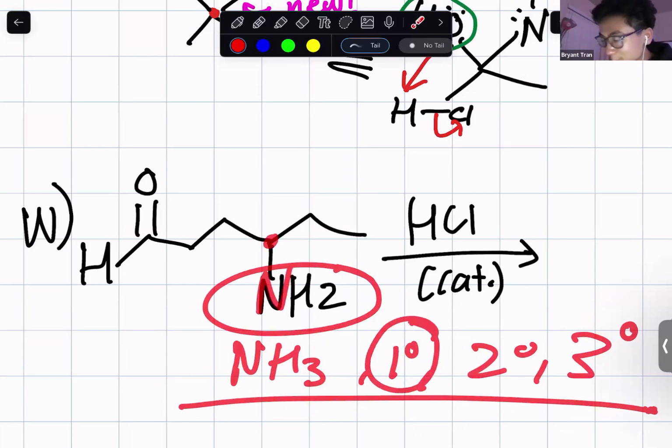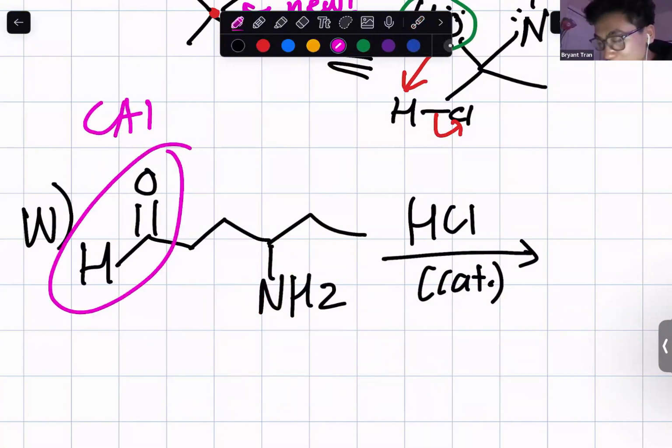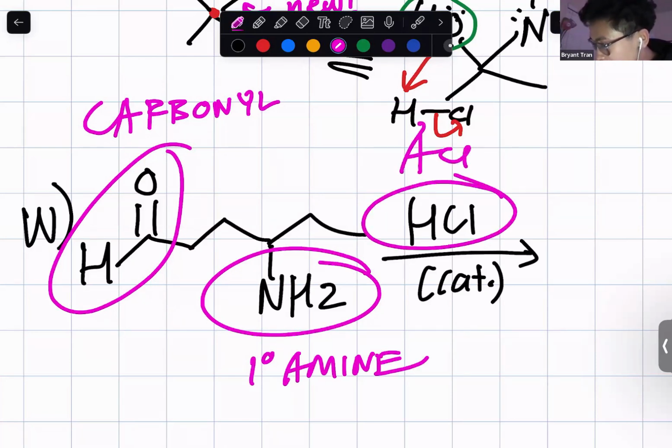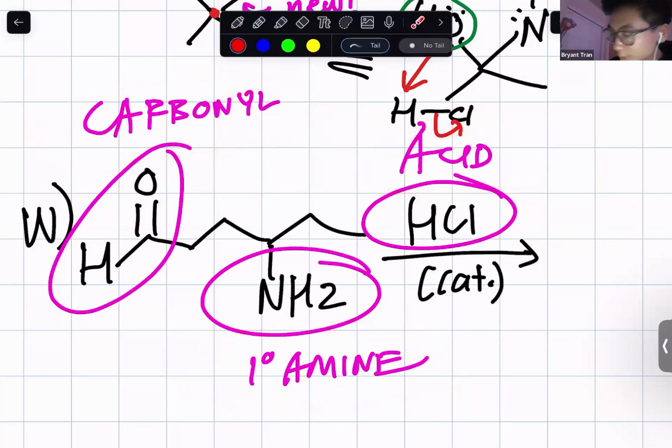have a primary amine with a carbonyl, right? So let's locate all the things that we need for imine formation. All the ingredients for this reaction: carbonyl right there, primary amine right here, acid right here. These three ingredients, carbonyl, primary amine, and acid, is the recipe for forming enamines. I mean, imines with the I, not enamines.